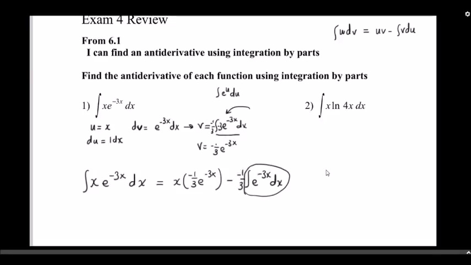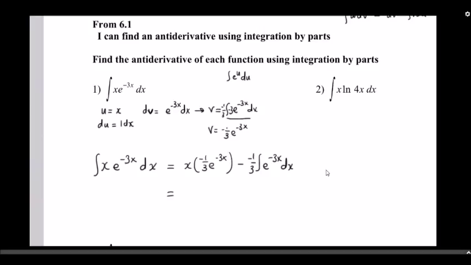The integral of e to the negative 3x is negative 1/3 e to the negative 3x. So this expression here, I can just multiply the x and the negative 1/3 to negative 1/3 x e to the negative 3x. Here a negative times a negative is positive. And then the integral of e to the negative 3x is, remember, negative 1/3 e to the negative 3x.